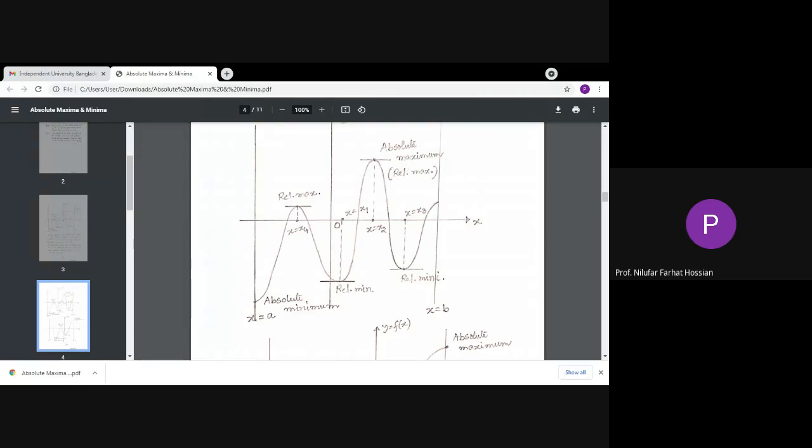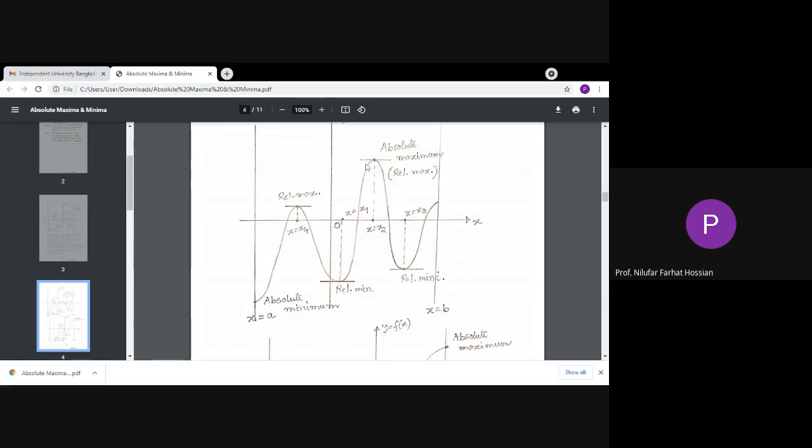So you see, it depends on the shape of the graph. If there is a discontinuity in the graph, there may not be any absolute maximum or absolute minimum. In this case, if there is a discontinuity at this point, there cannot be any absolute maximum, because on the left side the graph goes upwards, or it ends here, and on the right side it is coming from upwards, it goes to infinity.